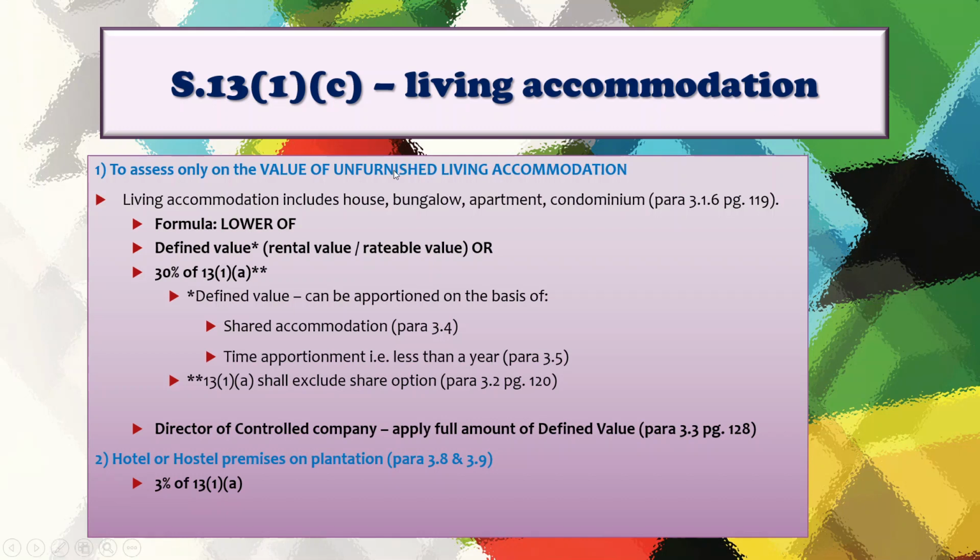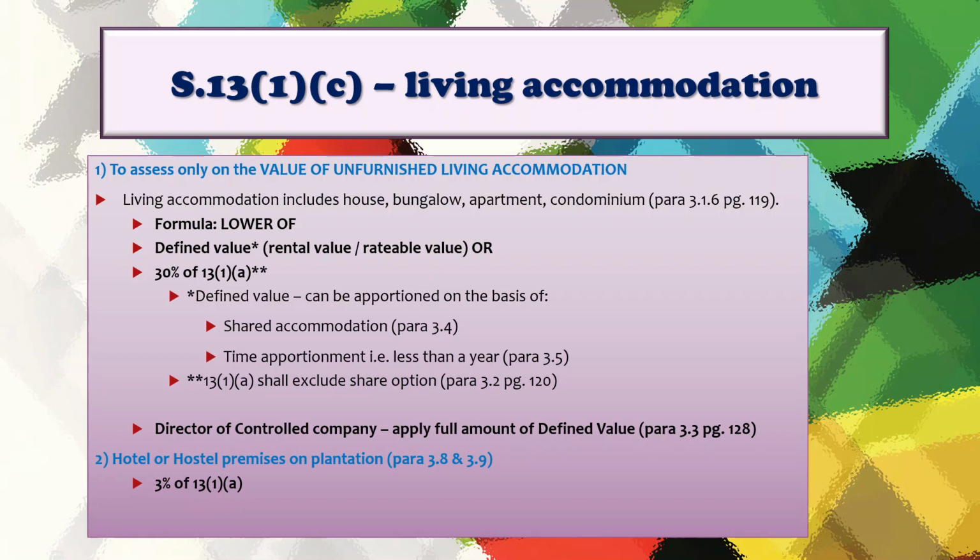Because if you are given fully furnished accommodation, remember, the furniture part is all assessed under 13(1)(b), because we value based on the use or enjoyment of the benefits. So we only want to assess the value of the living accommodation based on the value of the house.